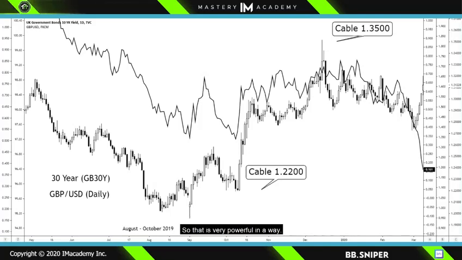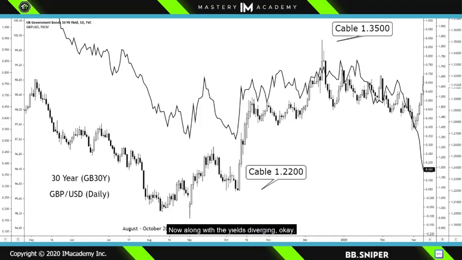So that is very powerful in a way. 1,300 pips is a lot, and that's why we started with Warren Buffett, because you would have to be really patient in order to hold a trade for that long. Basically, you go from being a trader to an investor. You're investing practically in a currency. But so there you have it.